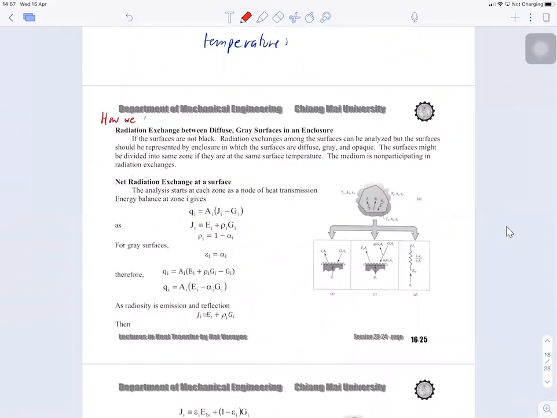How do we find the radiation exchange when surfaces or zones are not black? Right? How do we deal with it?